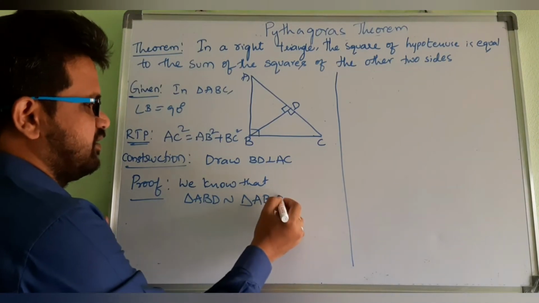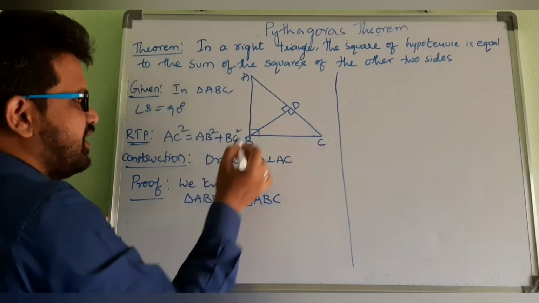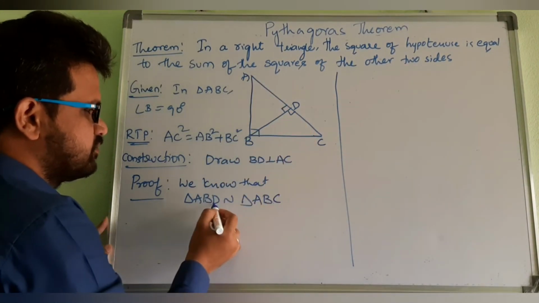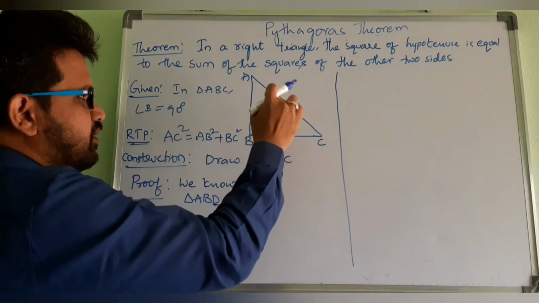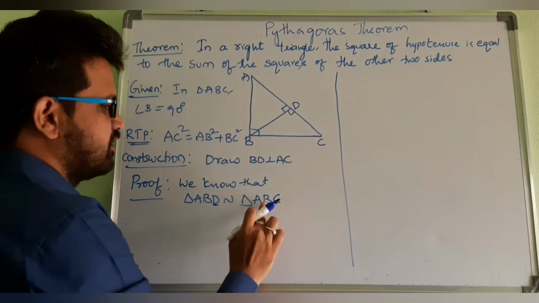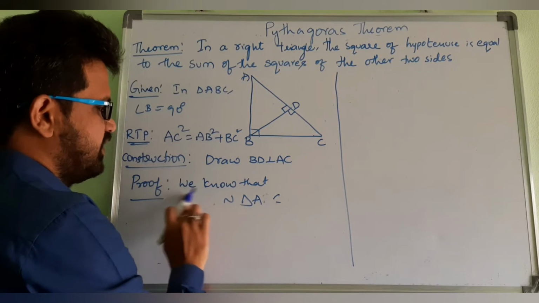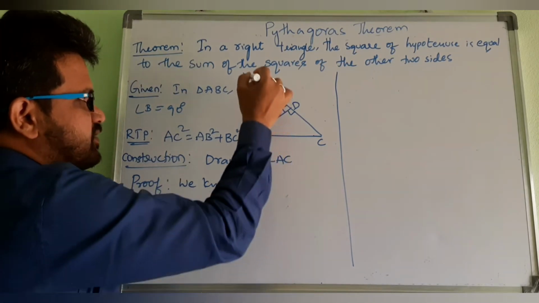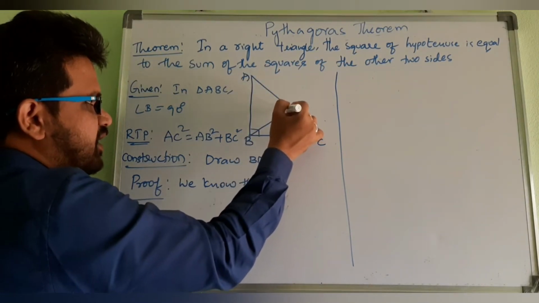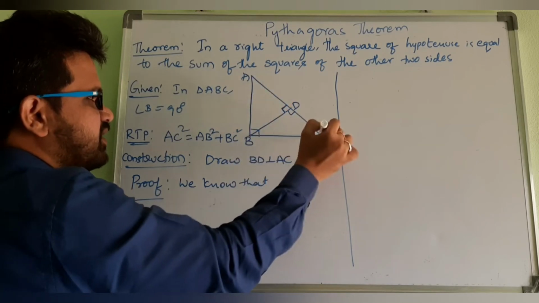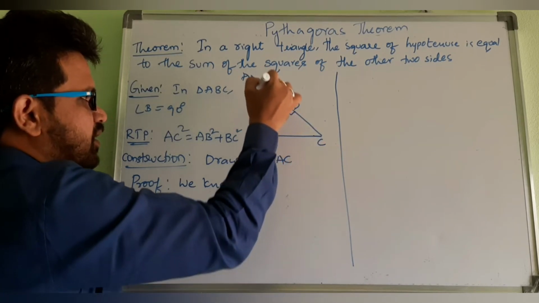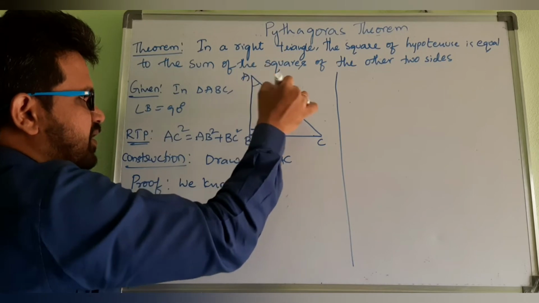This is ABC. In the smaller triangle, where is the right angle? D. In the big triangle, where is the right angle? B. And what is common? A, in the big triangle also A.